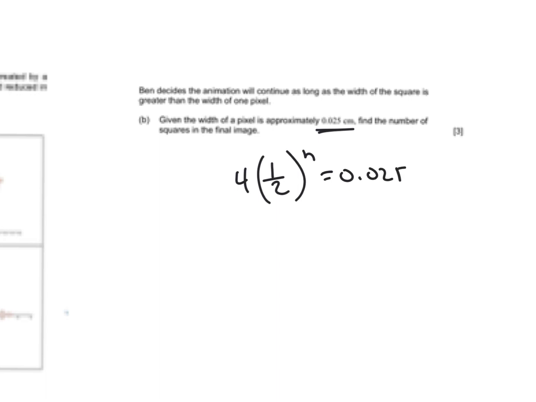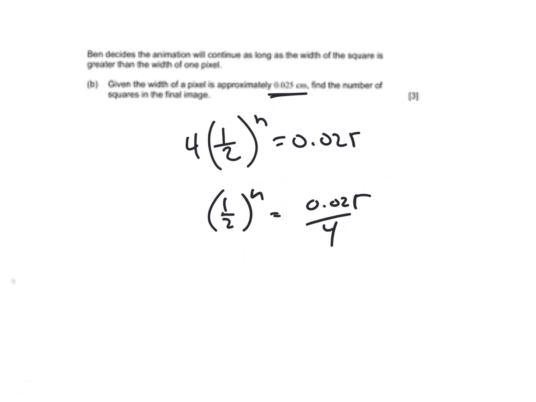If I solve for this, I get 1/2 to the n is equal to 0.025 over 4. And I can graph this, or I can use logarithms and say the log, base 1/2, of 0.025 over 4 is equal to n.